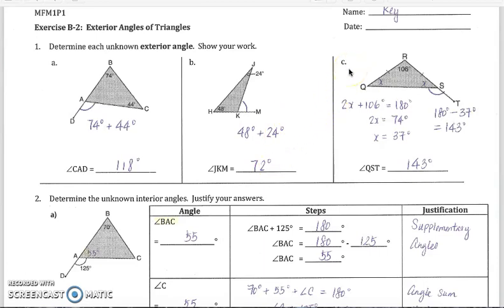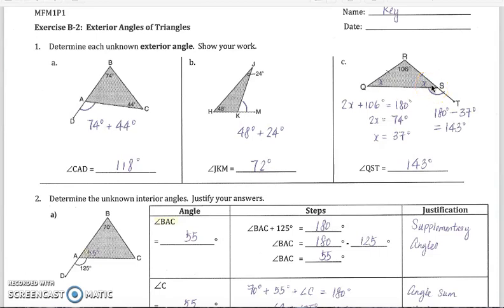Part C. We are shown an isosceles triangle, QRS. Angle Q and angle S will be equal to each other as base angles. So to find the size of the exterior angle QST, we first need to find the size of x.